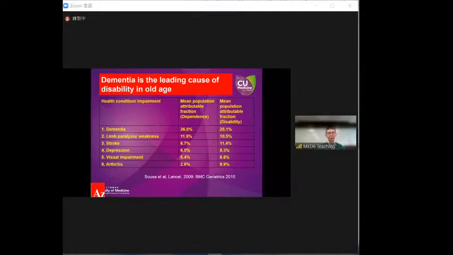Out of these, dementia appears to account for a major cause of dependency in old age. The amount of disability is even more than stroke or depression, etc. So dementia is a significant problem related to aging.